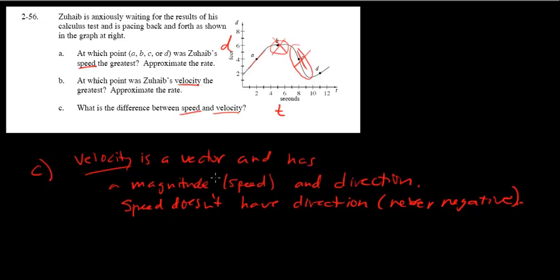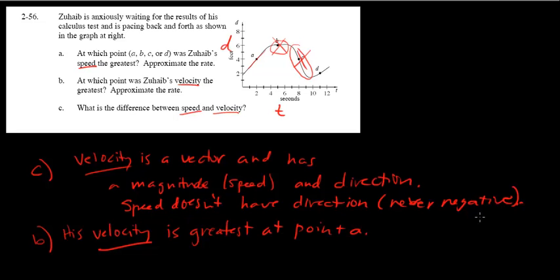Okay? So now I'm looking at part B. I'm doing them in the opposite order. What point is Zuhaib's velocity the greatest? His velocity, because it has magnitude and direction, is greatest at point A. Approximate the rate.